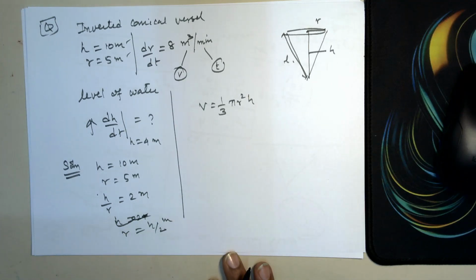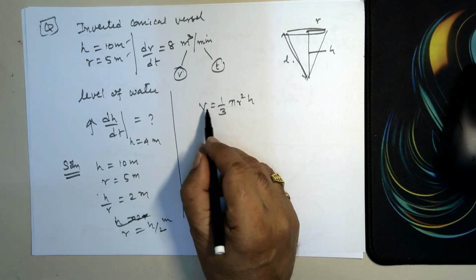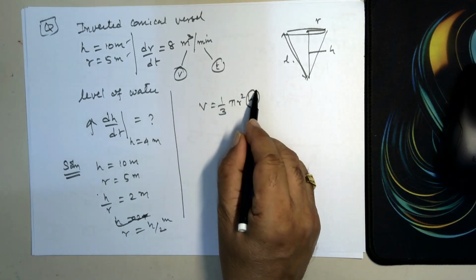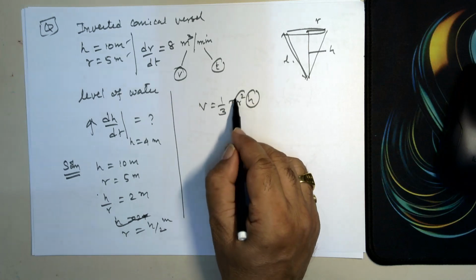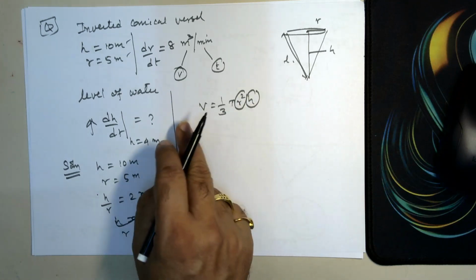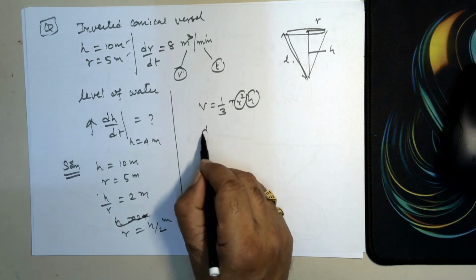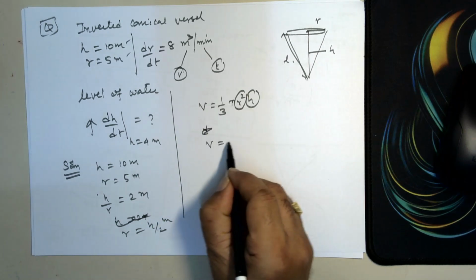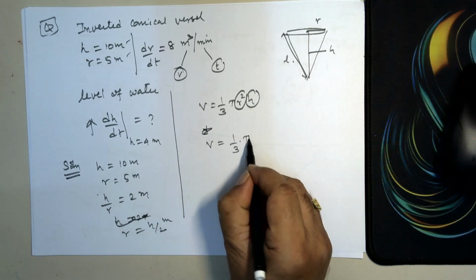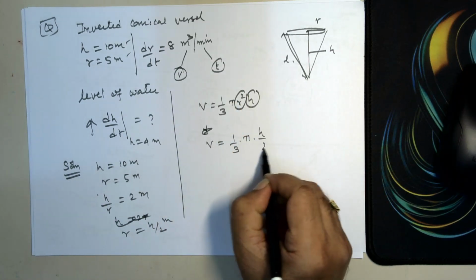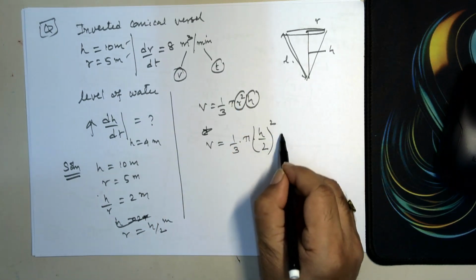Now let us proceed. V is equal to 1 by 3 pi r square. You can replace this r by h, because we have to deal in terms of h only. So V is equal to 1 by 3 pi, instead of r you put h by 2, whole square, into h.